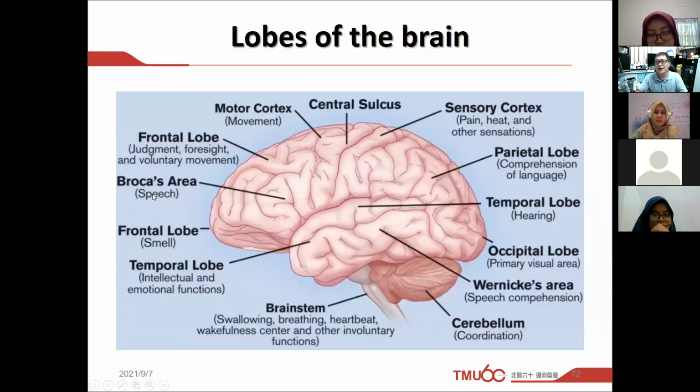Then this area passes the signal into the motor cortex to allow you to use your muscles on the tongue and the face, and pronounce the words, and speak out. Okay, that's the whole pathway.